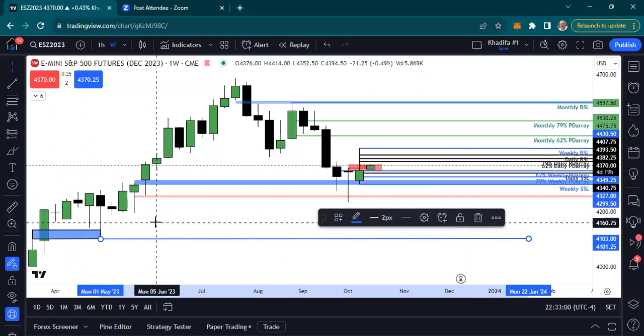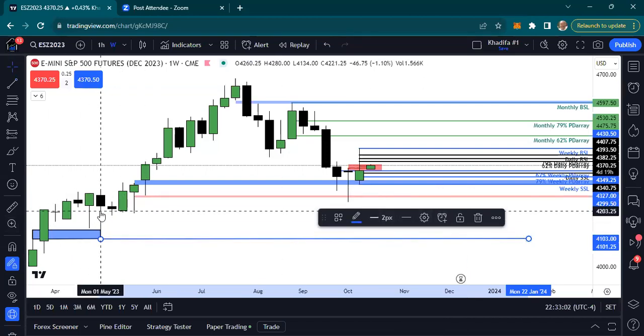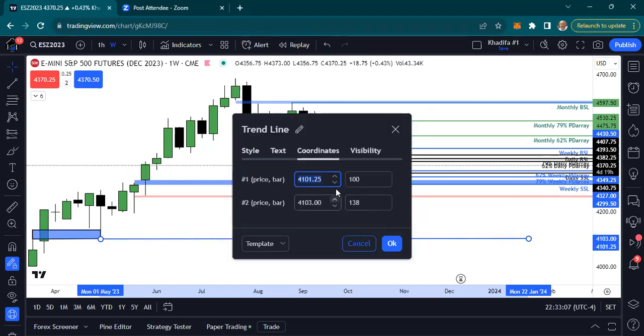Weekly time frame. What is that low? 41.34.